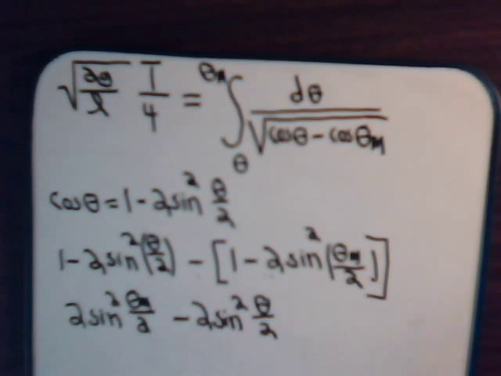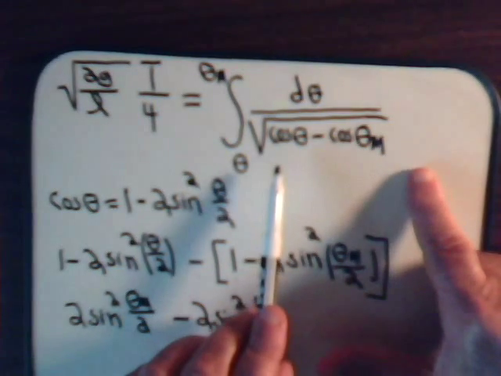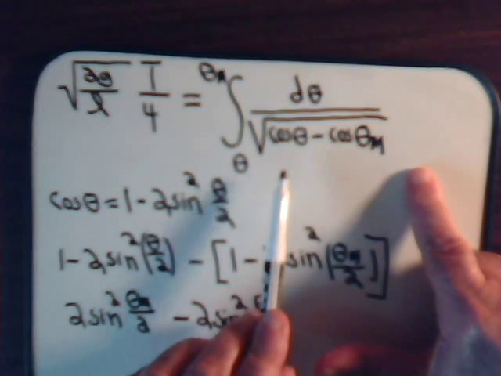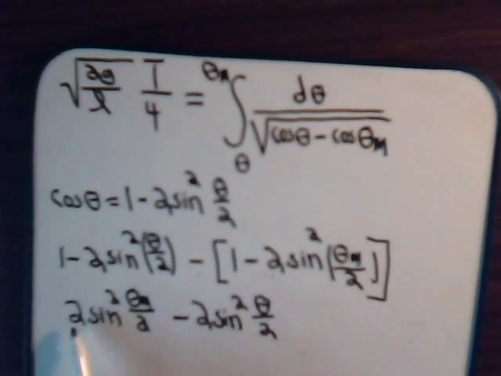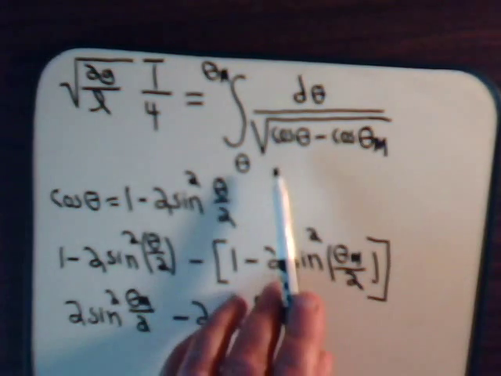Okay, so now we can put this up here in place of this, and we're going to have a 2 inside a square root sign.